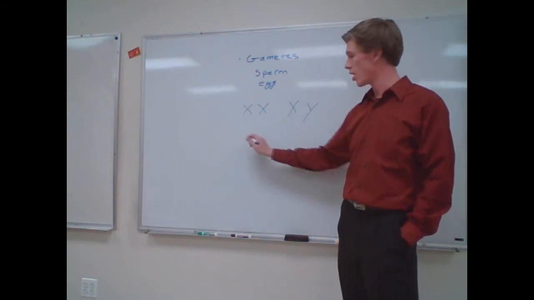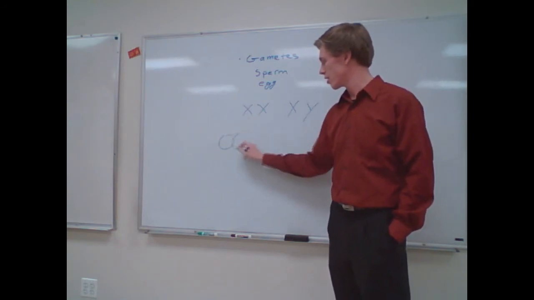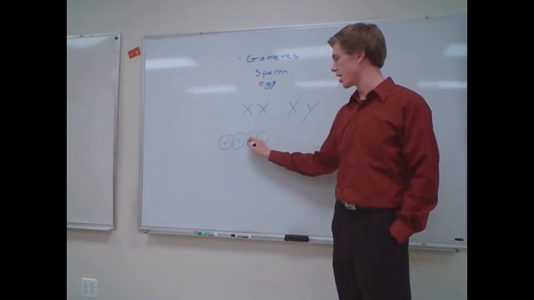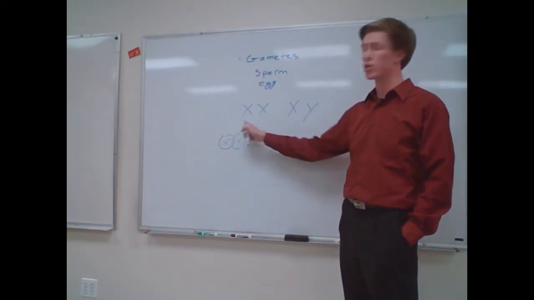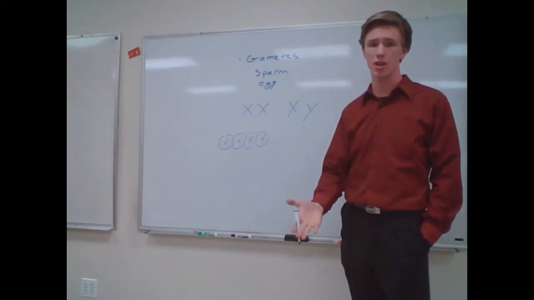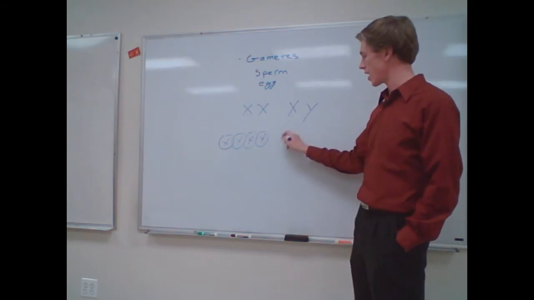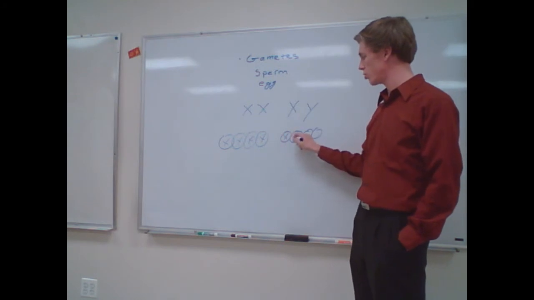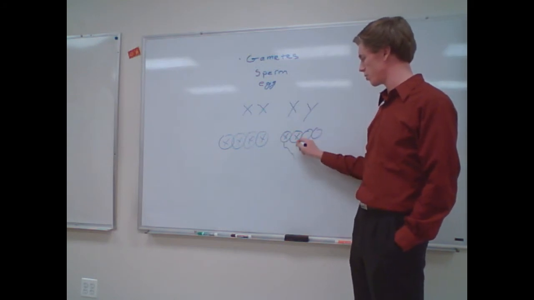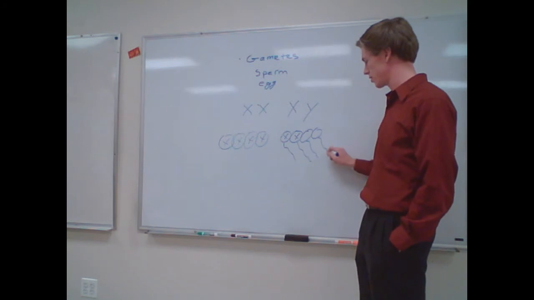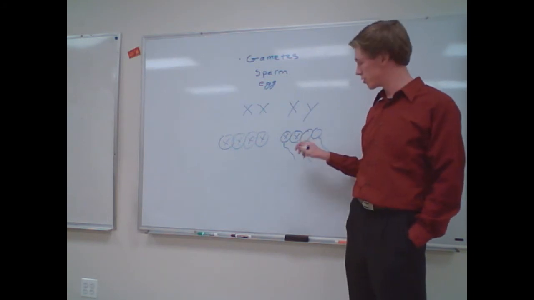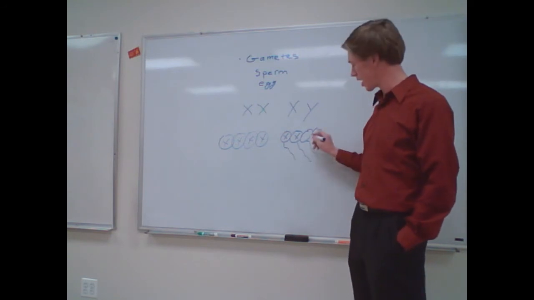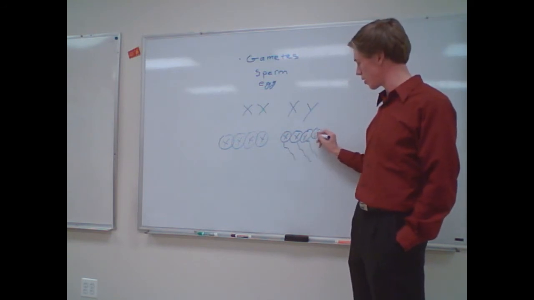It gets copied down, but the end result is that a female has 4 eggs, and every one of them has an X chromosome because she only has X chromosomes that she can give her child. A dad, as these chromosomes get doubled up and split, will have 2 sperm with an X chromosome, because his X gets doubled and split, and he will have 2 sperm with a Y chromosome.